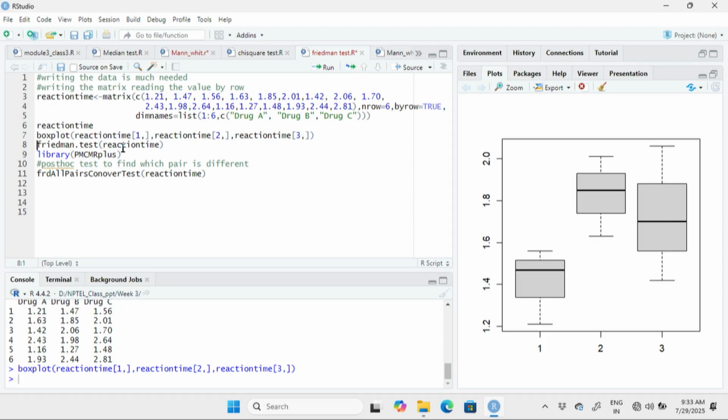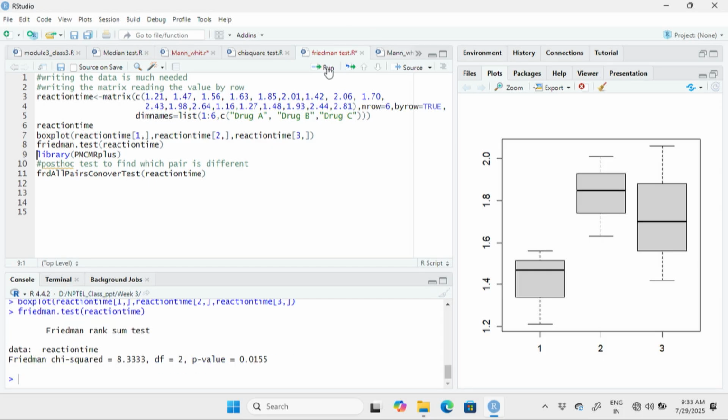Now, let us do the Friedman test. You will have that chi-square 8.33, which matches exactly what we have found in our manual calculation, 8.33, and degrees of freedom quite obviously 3 minus 1, that is 2, and look at the p-value. P-value is 0.0155.